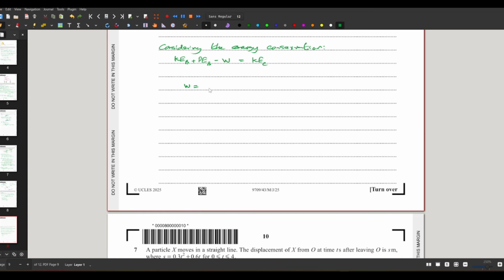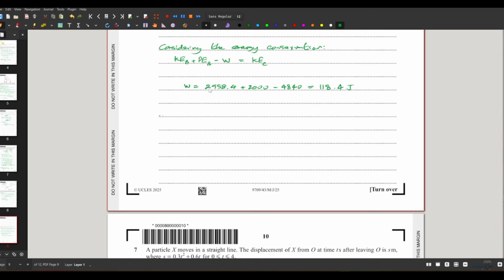So it's minus. So kinetic energy at point B was 2958.4 plus the potential energy is 2000 minus the kinetic energy at point C, which is 4840. So when you subtract, you will receive 118.4 joules.